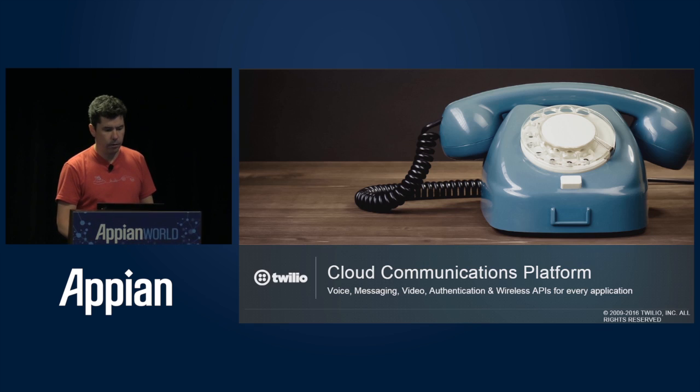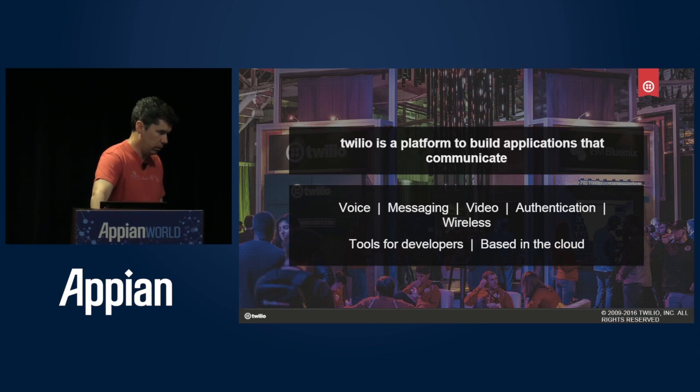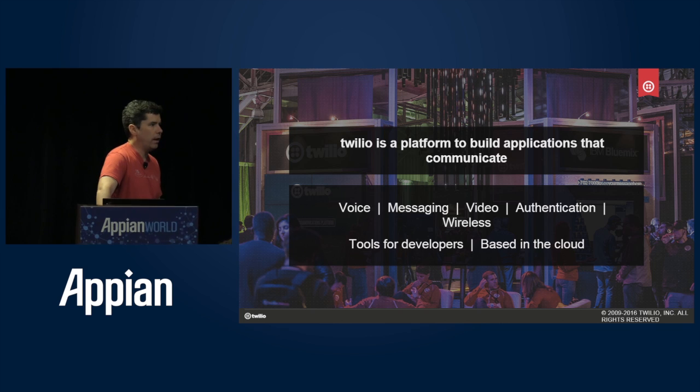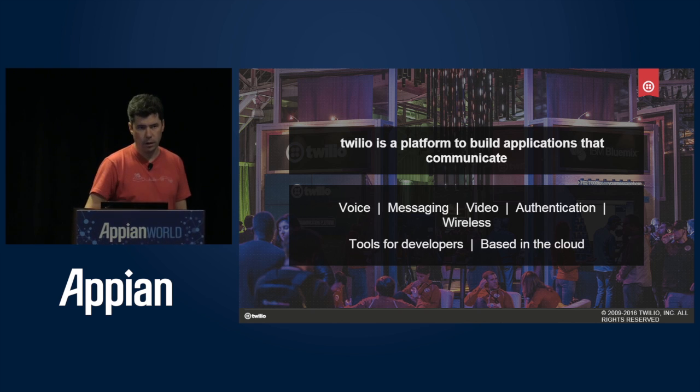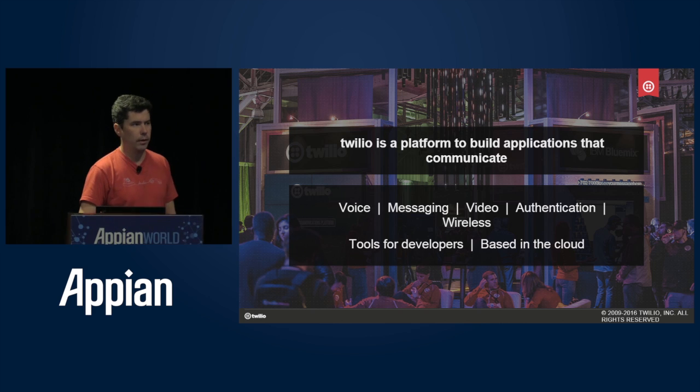We started in 2008, and our customers are the developers, the builders, the people that are writing the code or writing the business process to drive communication, and we've had great success in reaching that market. We have over 1 million developers on the platform, 90,000 paying customers.